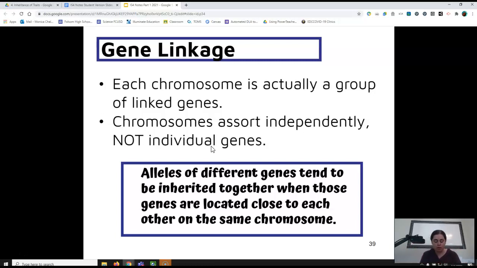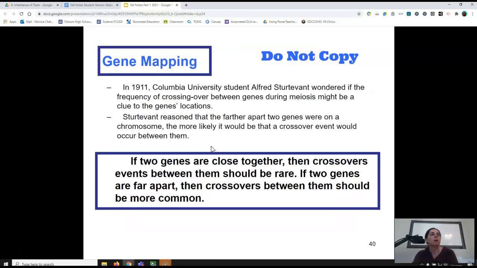The next two slides you're not going to copy down, but I would like you to watch. And this is about gene mapping. In 1911, Columbia University student Alfred Sturtevant wondered if the frequency of crossing over between genes during meiosis might be a clue to the genes' location.